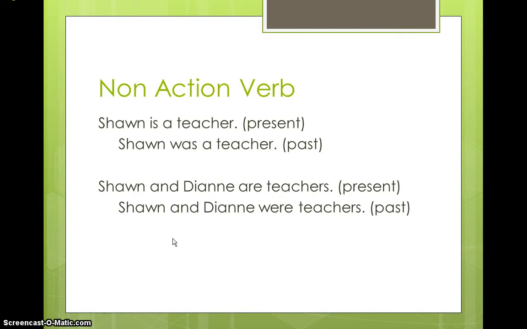So we say Sean and Diane are teachers to show that it still so happens that Sean and Diane are still teaching and they are still teachers. Sean and Diane were teachers because they no longer are teachers.